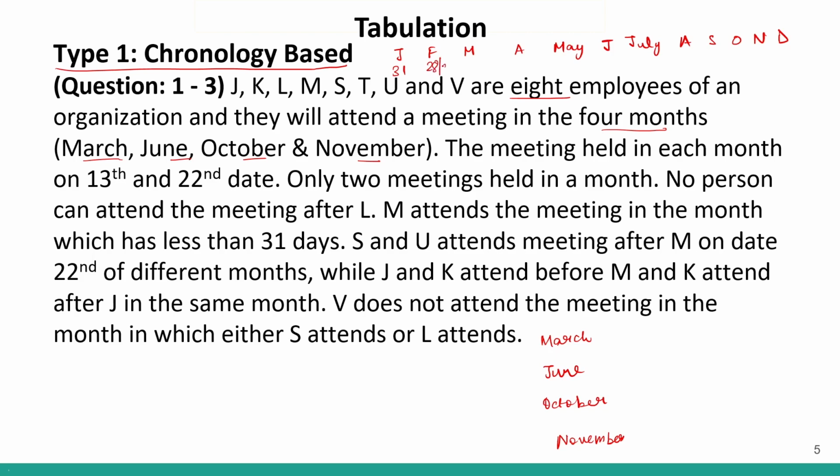February we have 28 or 29 days, 29 if it is a leap year, 28 if it is a normal year. March 31 days. April 30 days. May 31 days. June 30 days. July 31 days. August again 31 days. September 30 days. October 31 days. November 30 days. And in December we have 31 days.